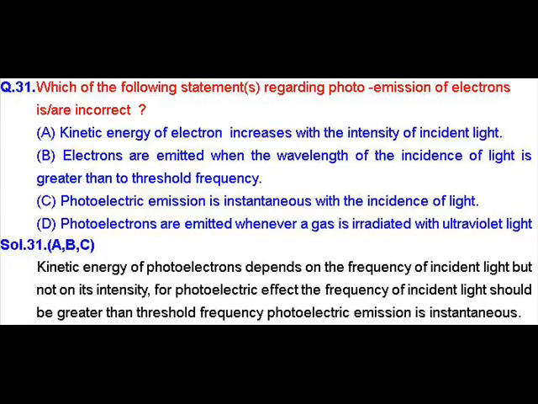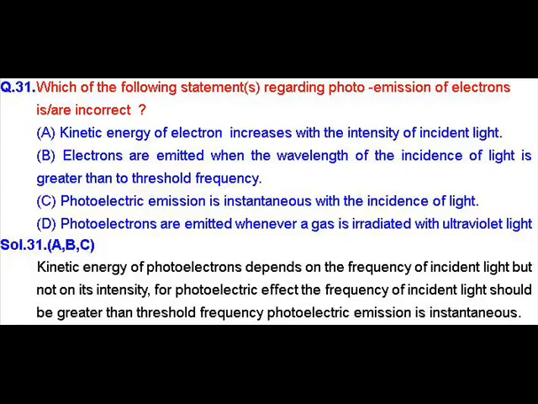No, that option is wrong, because kinetic energy of electron increases with the frequency of the incident light. Option B, electrons are emitted when the wavelength of the incident light is greater than the threshold wavelength.